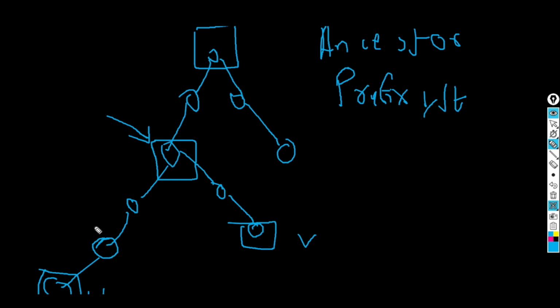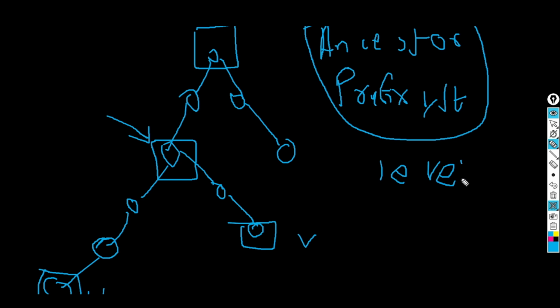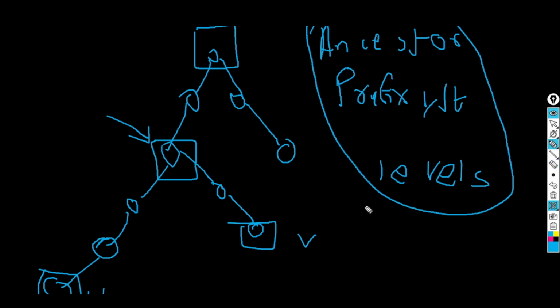Since we are already doing BFS for ancestor and prefix weight, we can always create a levels array which we can easily use to find out the level of a particular node using that particular array, right? So we are creating a lot of things, but that's what we need. This is another array or structure that we are going to create during the BFS itself.